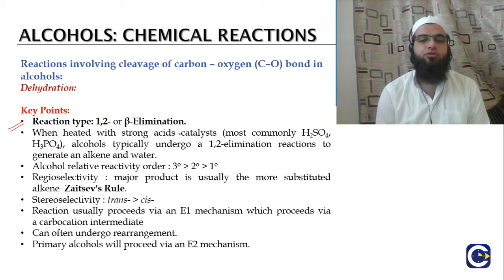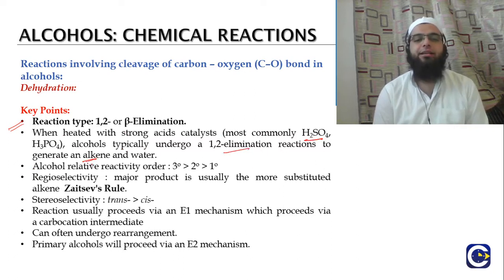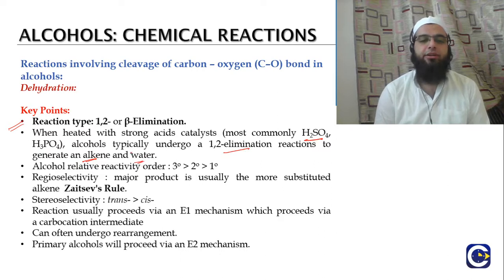Next, when heated with strong acids, commonly used acids are H2SO4, that is sulfuric acid, or we can use H3PO4, alcohols typically undergo elimination reactions, and we get the alkene as a product, and water is the byproduct. It is a dehydration reaction, so water comes out in the reaction.